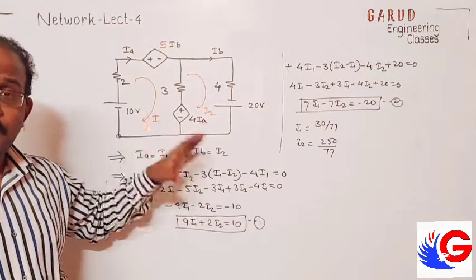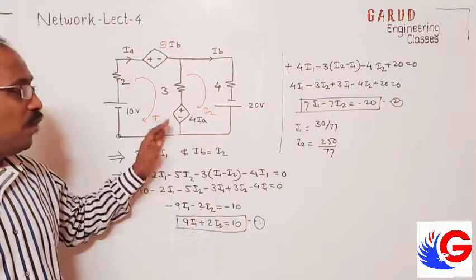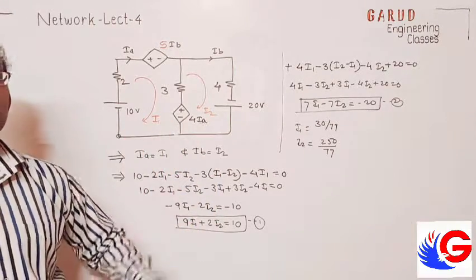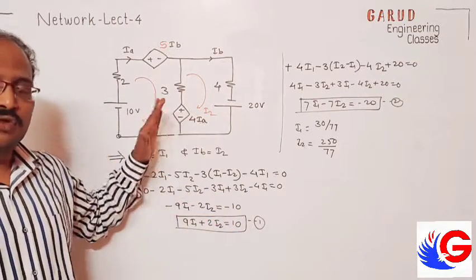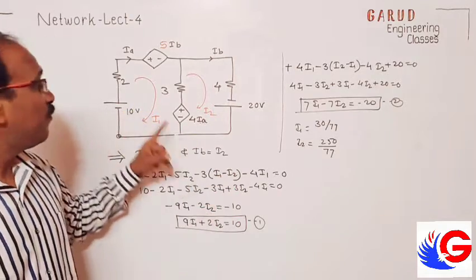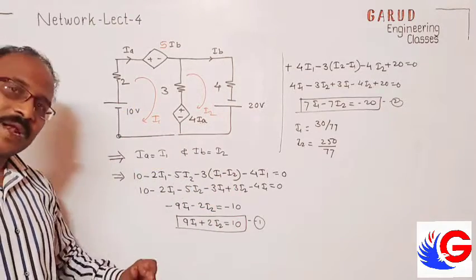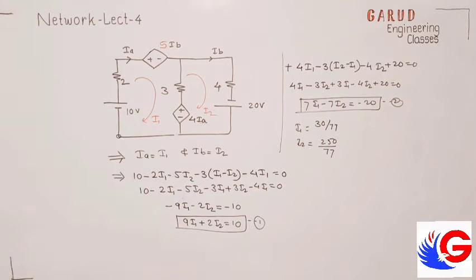Correct? But students feel that this chapter is quite difficult. Not like that, because you have to follow the rules. You must know the rules of KVL, KCL, superposition, and dependent sources. Correct? So, like this, we will consider one more example for KVL.